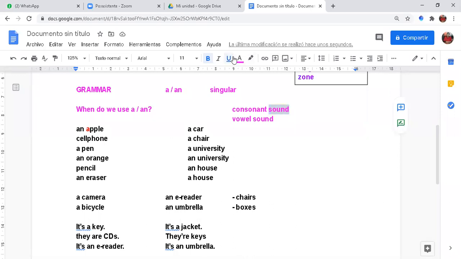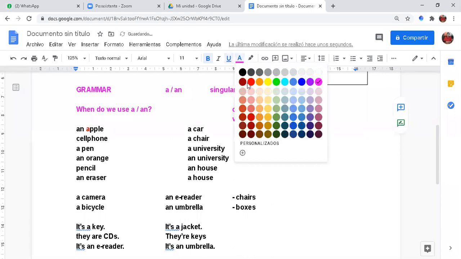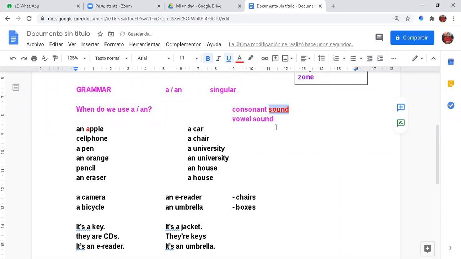It depends on the sound. If that letter is consonant or vowel sound. If it is consonant sound, you use a.